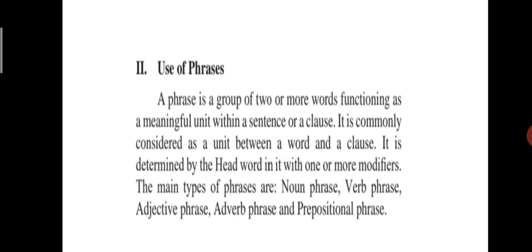Third, it is considered as a unit between a word and a clause. Fourth, in a phrase there is a head word and the other words work as modifiers. So today we are going to learn the types of phrases.